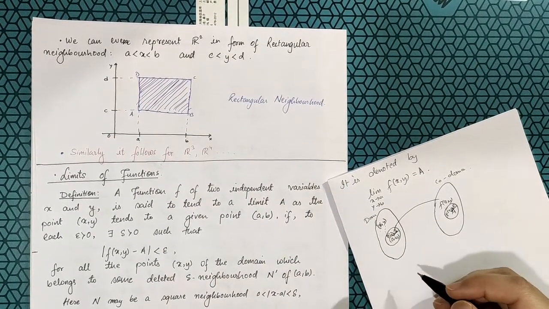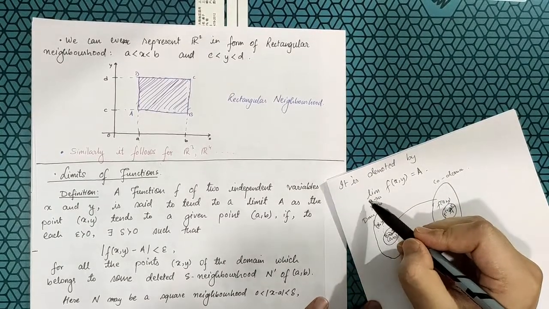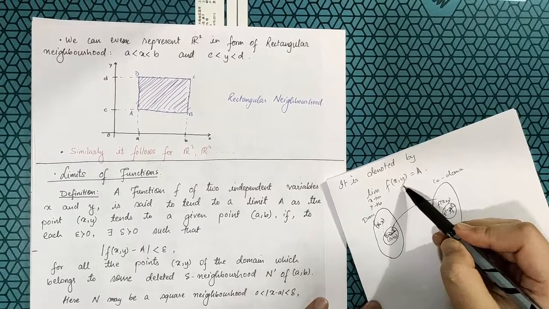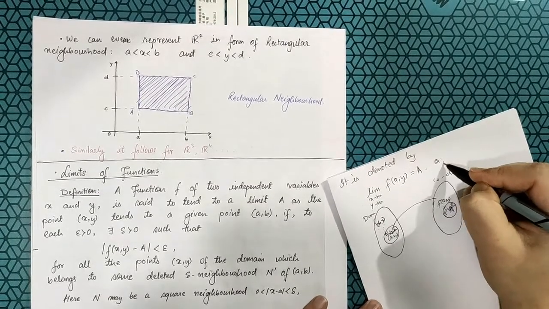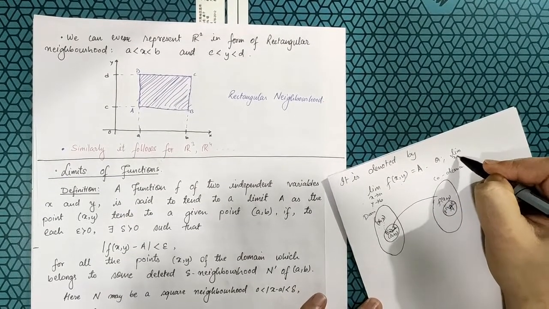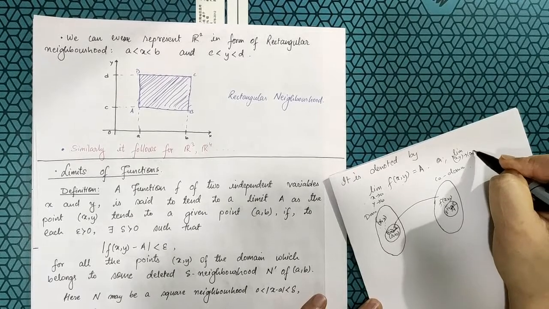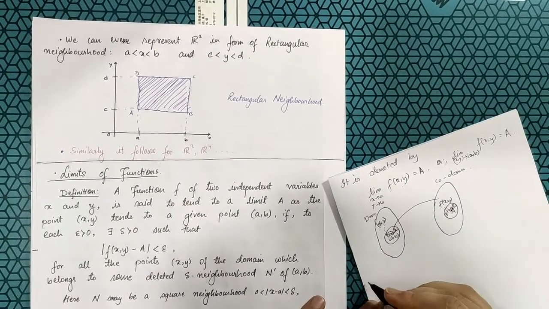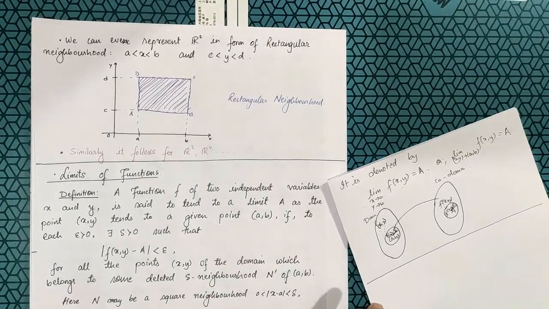And we denote this by limit x tends to a, y tends to b, f(x, y) equals A, or limit (x, y) tends to (a, b), f(x, y) equals A. So now let's do some examples.